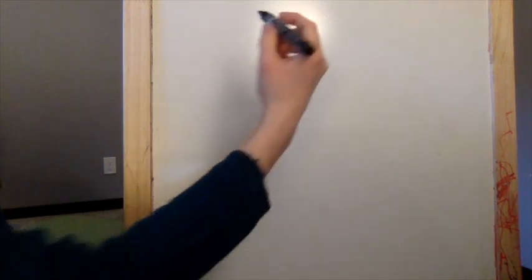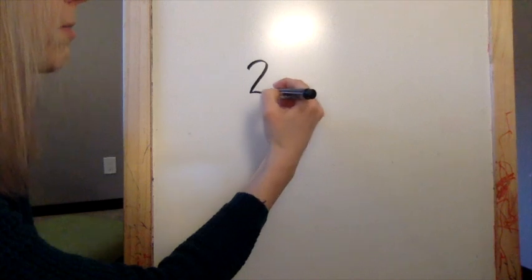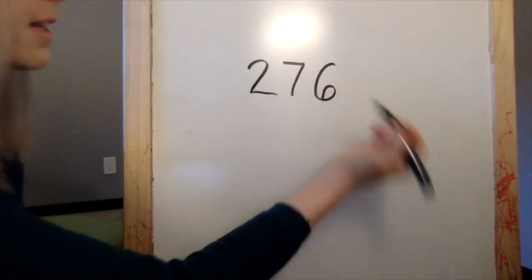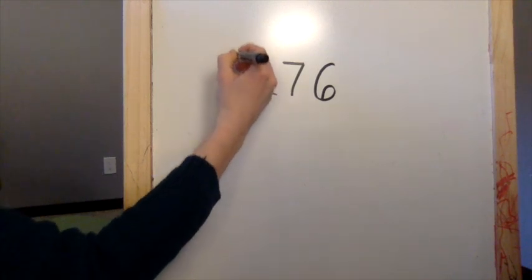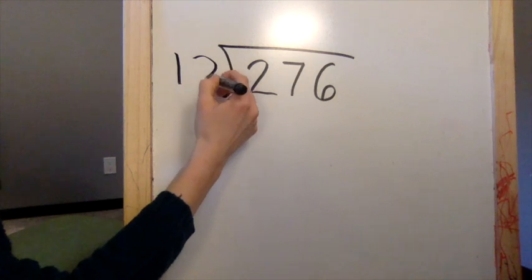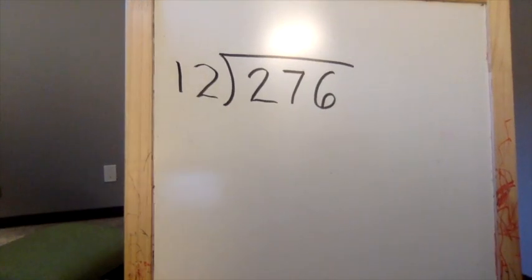So our next one is 276. Again, if all you're doing is watching me work through the steps today, that's cool. I've got my 3-digit number, and I'm going to be dividing it by 12. It's a really big division, Mrs. Oaks.